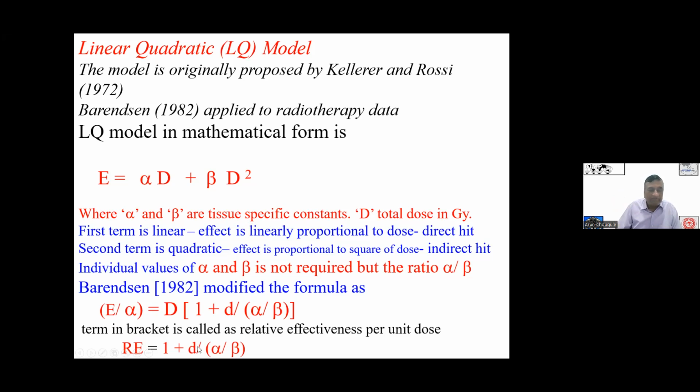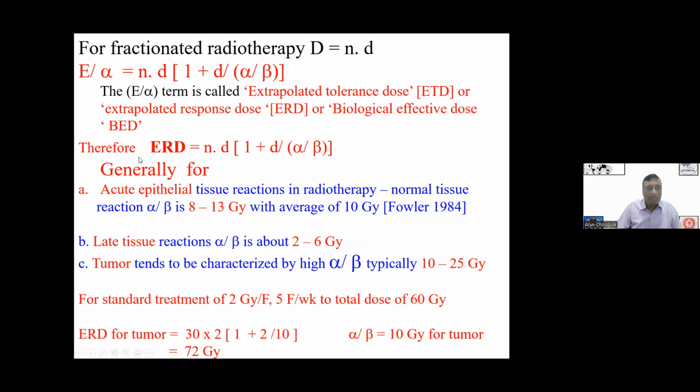I will not go into detail of the LQ model, but finally it is what we call ERD, extrapolated tolerance dose ETD, or extrapolated response dose ERD, or biologically effective dose BED, and it is given by n, the number of fractions, d, the dose per fraction, and alpha by beta of whatever effect you are going to take. It's for the tumor, if it is a late effect or early effect.